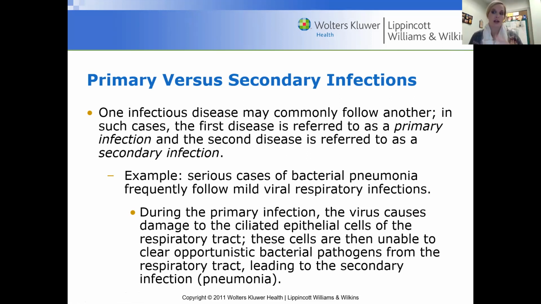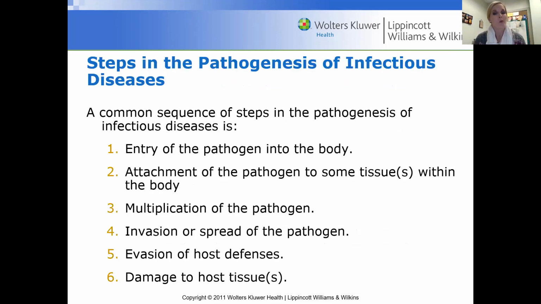They work to make sure we cough up things that don't belong or swallow them down into our throat, so they make their way to the stomach. Causing damage to those ciliated epithelial cells means these cells are then unable to clear opportunistic pathogens from the respiratory tract, and that leads to the secondary infection. So that's the difference between primary and secondary.